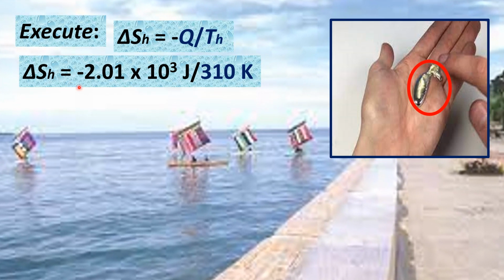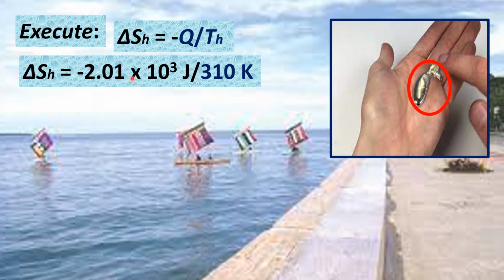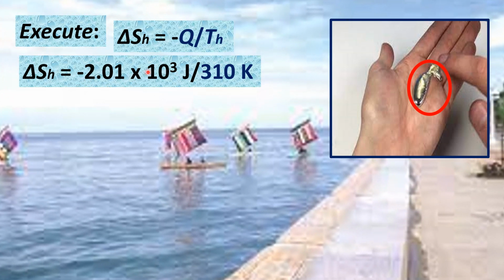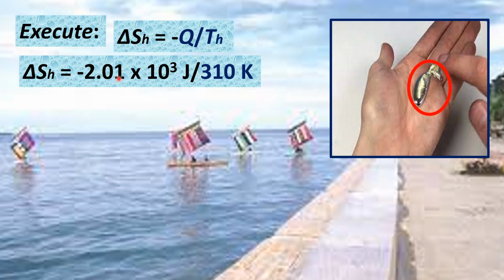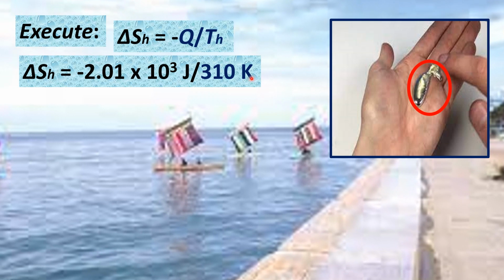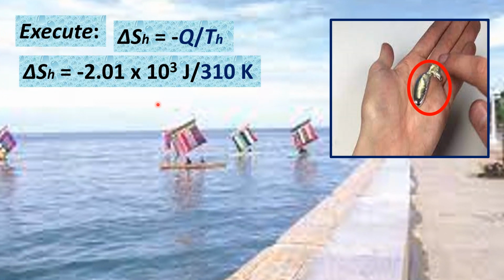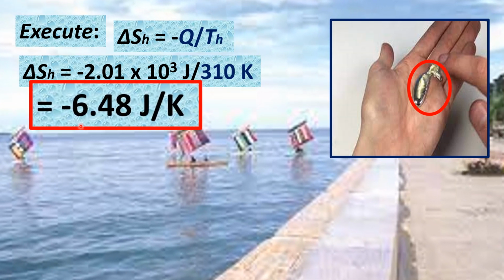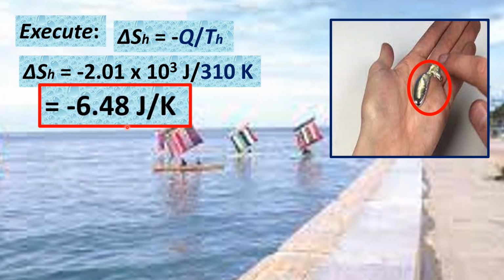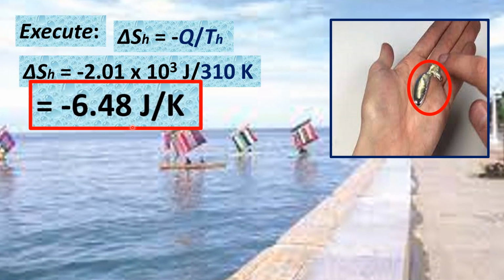The sign for the big Q is negative because the hand liberated or released that amount of energy. So again, doing our math, we get the change in entropy for the hand equal to negative 6.48 joules per Kelvin.